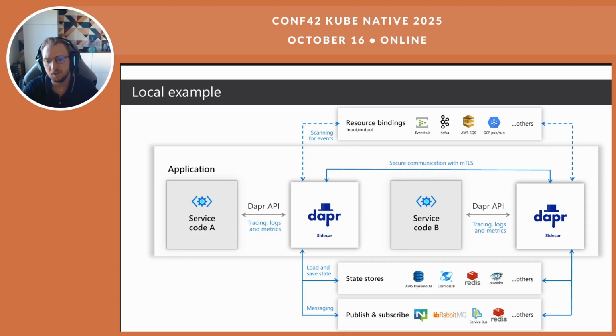For the state store, you could use DynamoDB or CosmosDB or Redis. For the pub sub, you could use RabbitMQ, Service Bus, what you want. So the implementation details are only in the Dapper configuration, but your service doesn't know about this detail. It only knows about how to interact with Dapper.